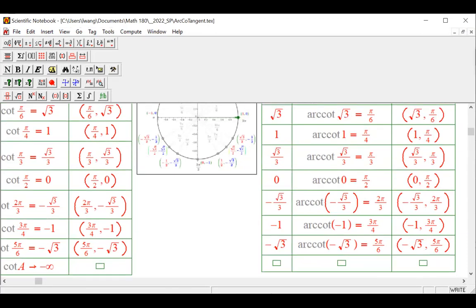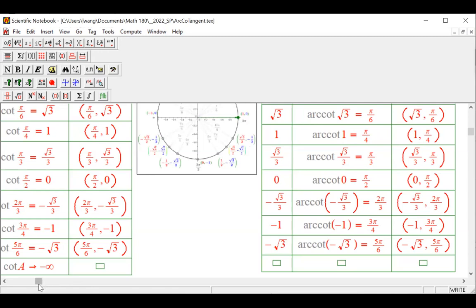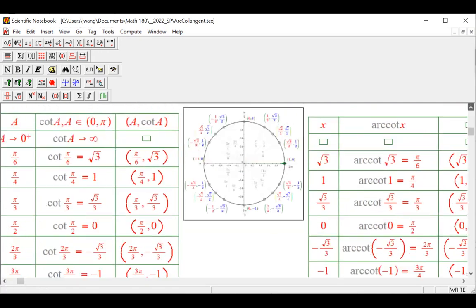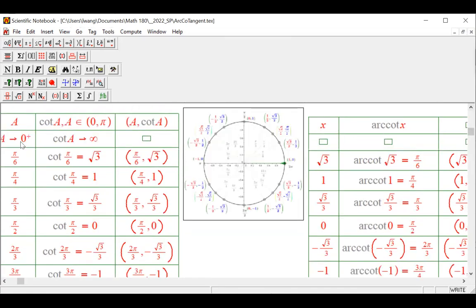Last but not least, one more. I put one extra row which is not needed. For near 0 and near pi: near zero, we're from larger than 0. If we swap these two, what will happen? This is the ratio approaching infinity.